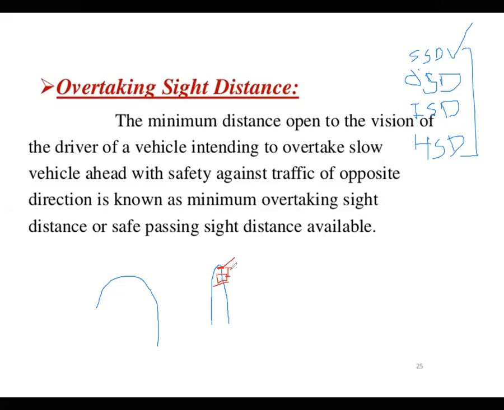So it is the minimum horizontal distance to be provided, such that the obstruction should be visible even if a sudden brake is applied.